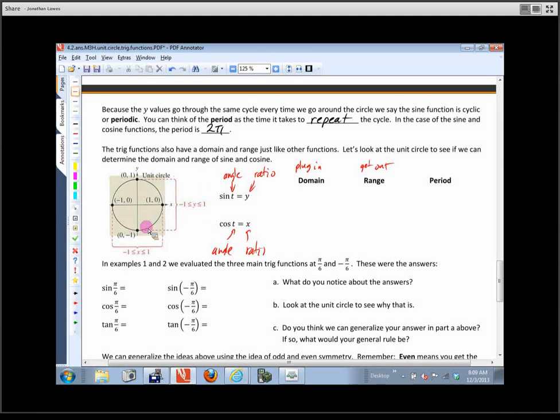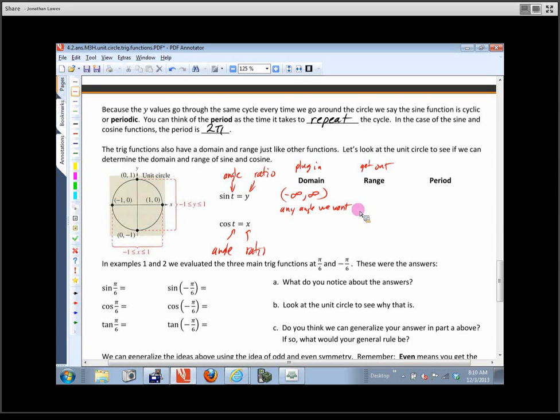No restrictions at all. How do we normally say that? Yep. All reals, we'd say negative infinity to infinity. Okay? In other words, what we mean is any angle we want. You can plug in any angle you want into the sine function.